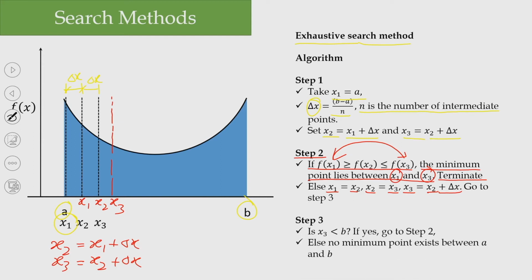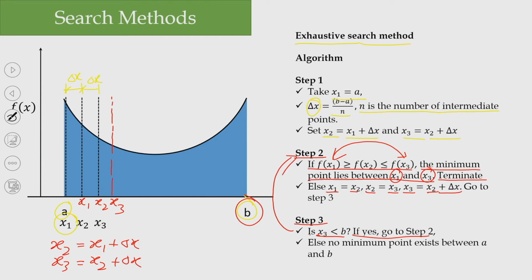In step 3 we check whether x3 is less than b, because the upper bound is b and we cannot go beyond b. If x3 is less than b, go to step 2.